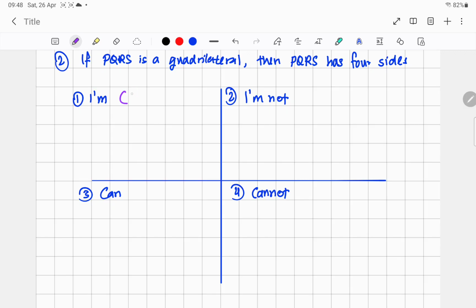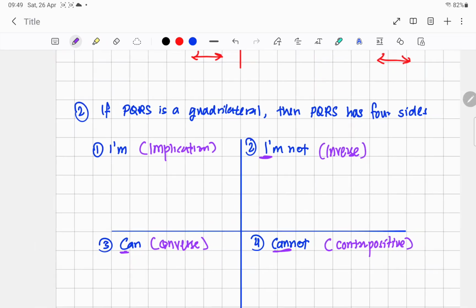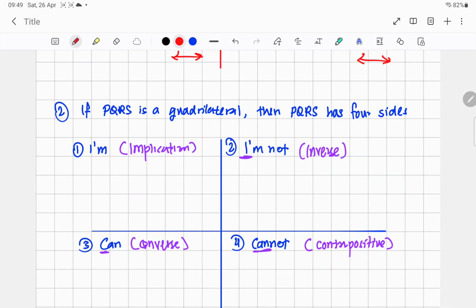I am is your implication. Remember, I am not is your inverse. Can is your converse, and cannot is your contrapositive. So implication, inverse, converse, contrapositive.